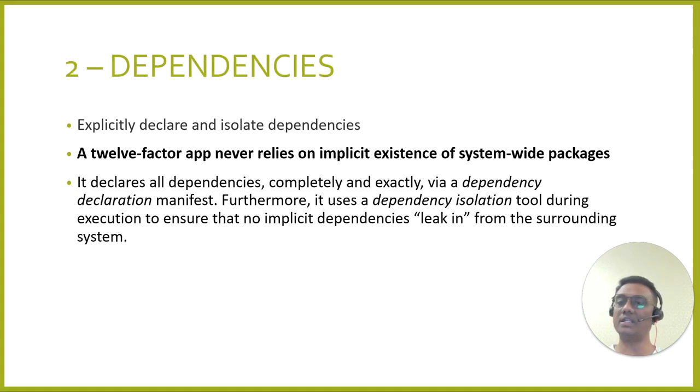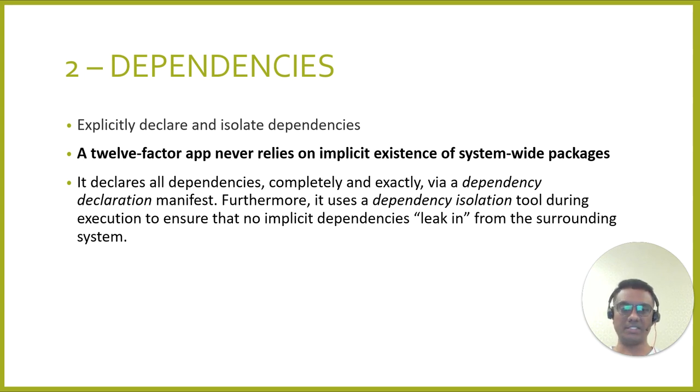The second one is dependencies. Dependencies should be explicitly defined, meaning they should not be system specific. Suppose we develop an application on our local machine and deploy it on our in-house platforms or deployment environments. It should not rely on that particular environment's configurations. So dependencies should be packaged when we develop and deploy.